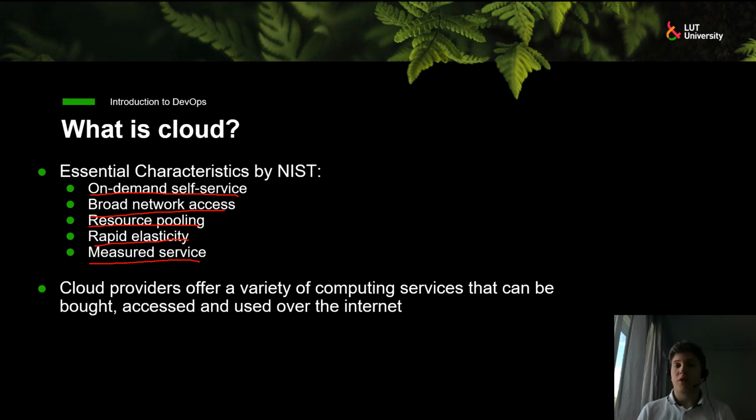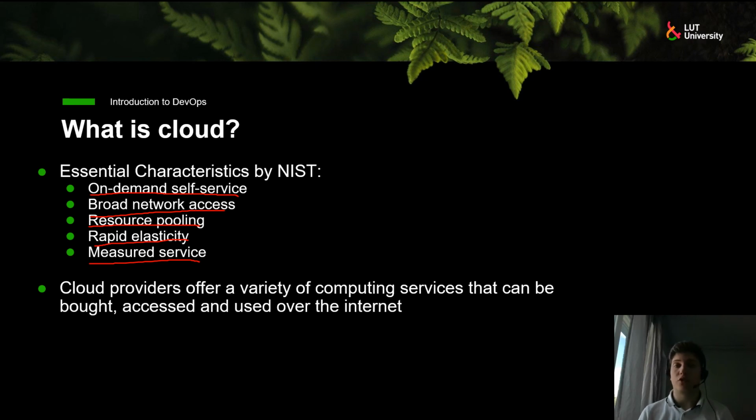The resource pooling means that internally the cloud provider is using big data centers where the resources are, and the user doesn't necessarily know where exactly his or her cloud resources like processing power reside, but for example on Microsoft Azure you know the general region where, for example, the virtual machine server is.